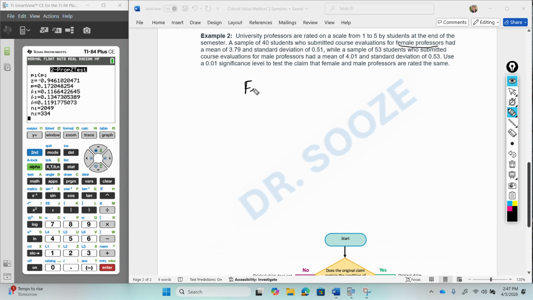Okay, so my first group is female professors. So the sample size is 40, had a mean of 3.79. So my population parameter here is mean. Okay. And a standard deviation. Now, that's the sample standard deviation.